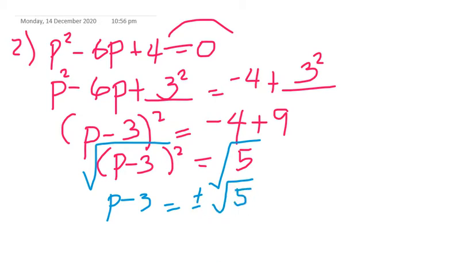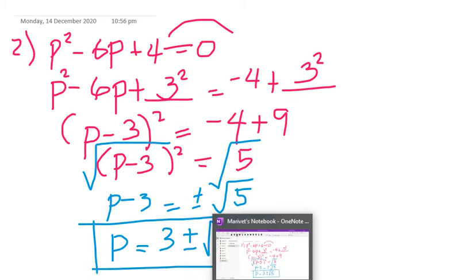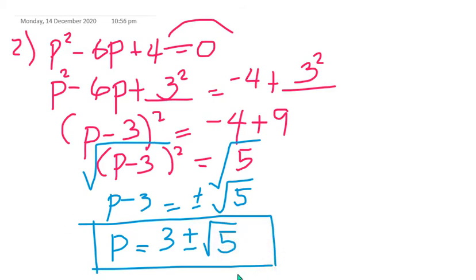And then, therefore, the roots are p is equal to 3 plus or minus the square root of 5. So these are the roots of the equation, one positive and the other one negative.